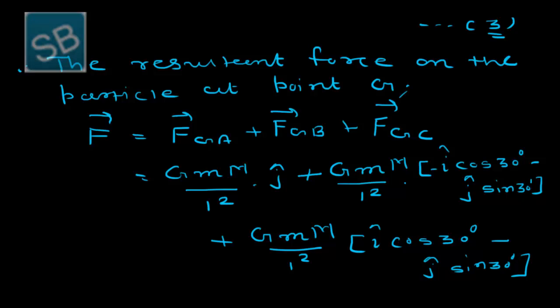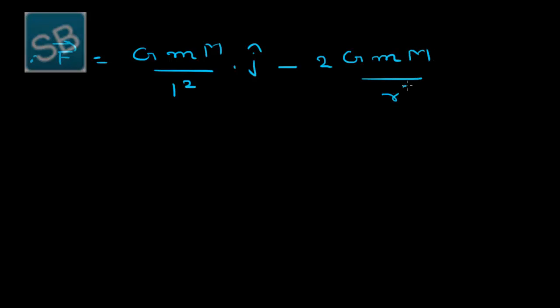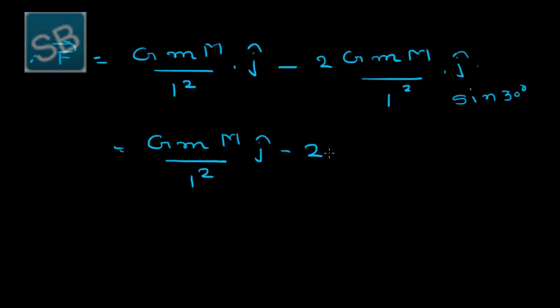So my result will be F is equal to the first term as it is, minus 2 times GMm over r square, where instead of r I am putting 1 square, into j cap into sin 30, which is equal to GMm over 1 square j cap minus 2 GMm over 1 square into j cap.